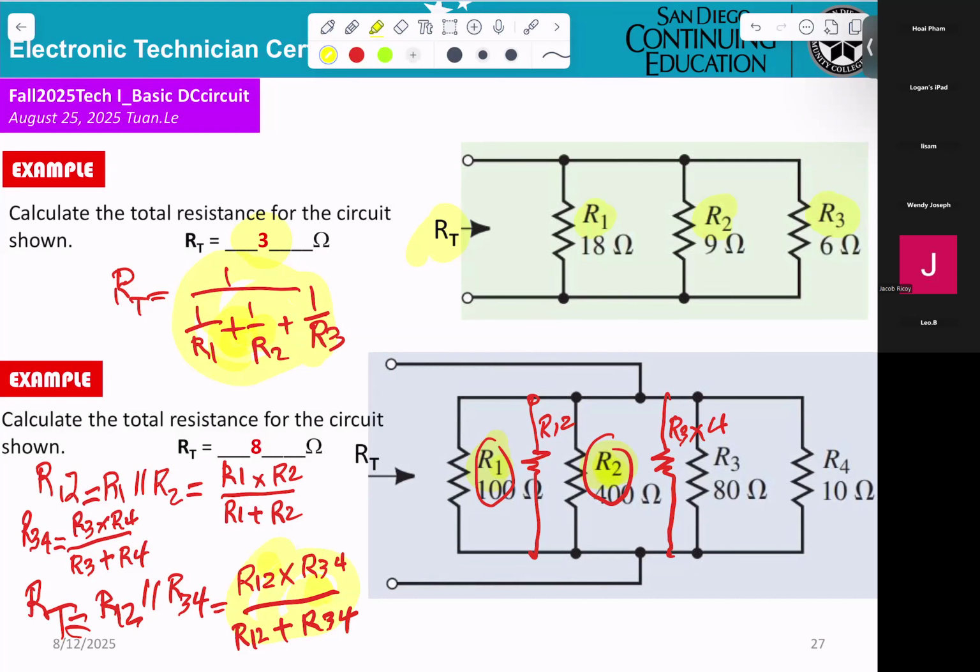Can you calculate it quickly for me to see who can get the answer? Go ahead and do the calculation and tell me.